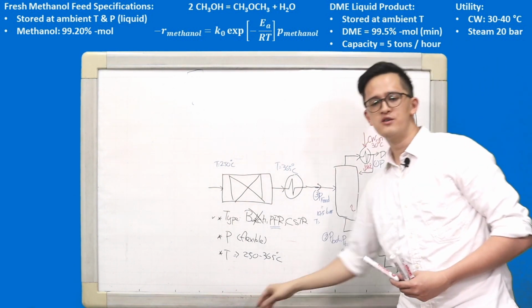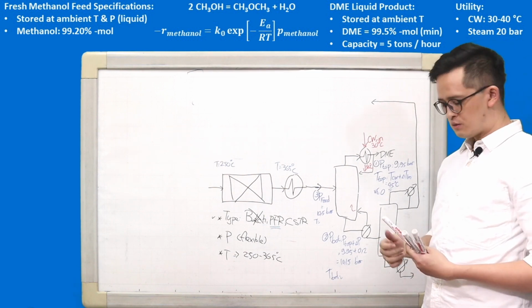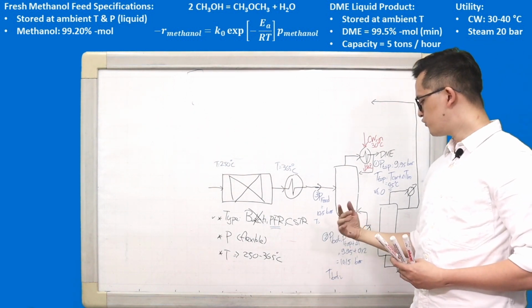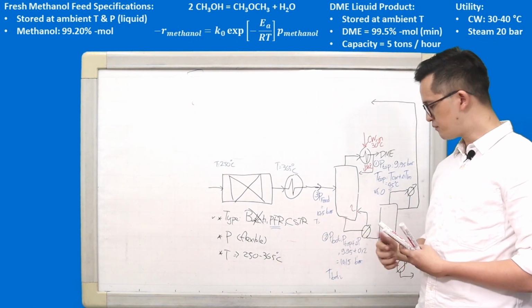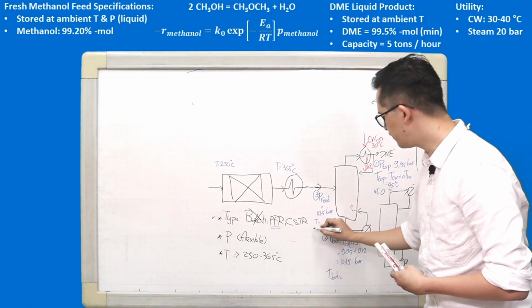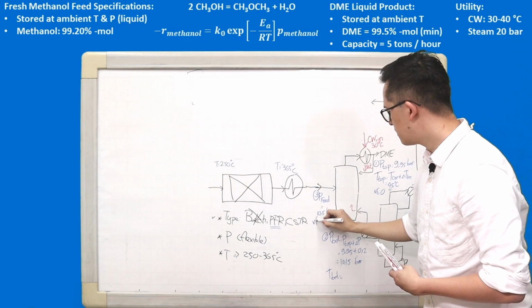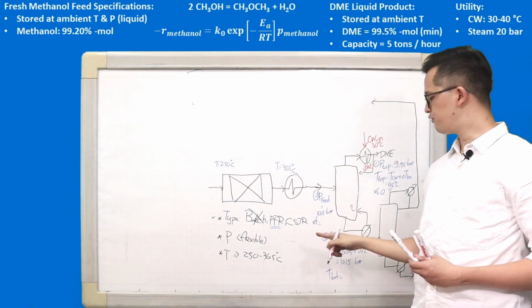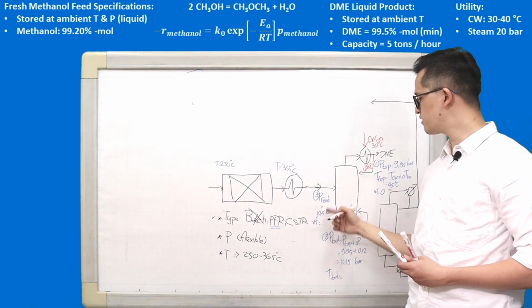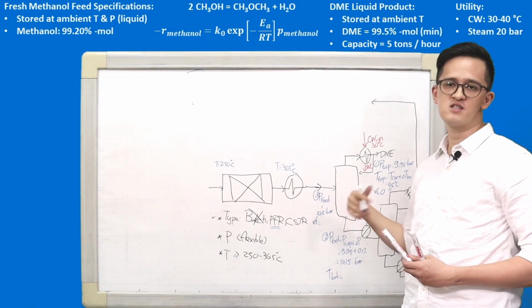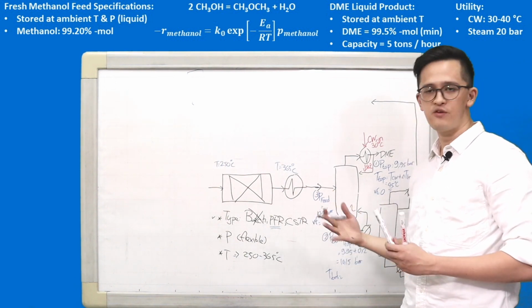But we actually have another option. If we don't know the correct number for the temperature, we can define our vapor fraction instead. If we set it as 0, that means it will enter the distillation as a saturated liquid, because the vapor is 0.